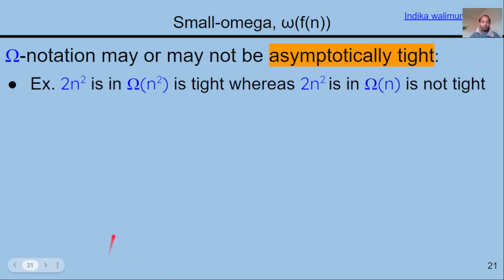So here 2n to the power 2 is in big omega of n to the power 2, and that is tight. 2n to the 2 is in omega of n is not tight.